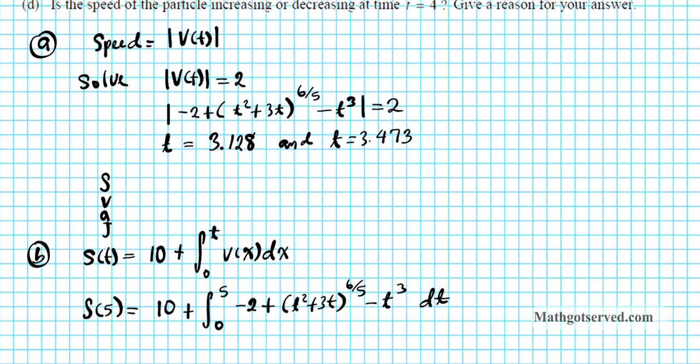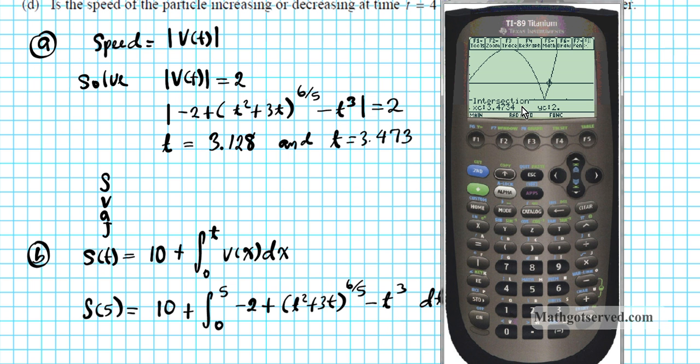Okay, so let's go ahead and calculate what this is. Just simply plug it into our calculator. This is a definite integral, or numerical integral, right here. So let's go ahead and figure that out.